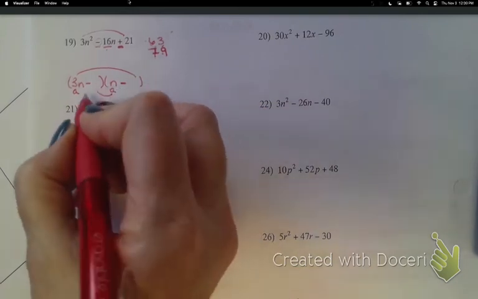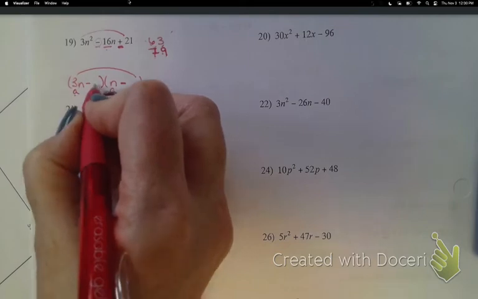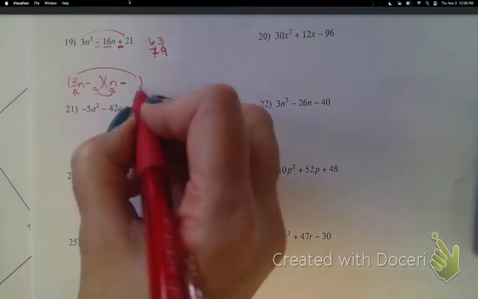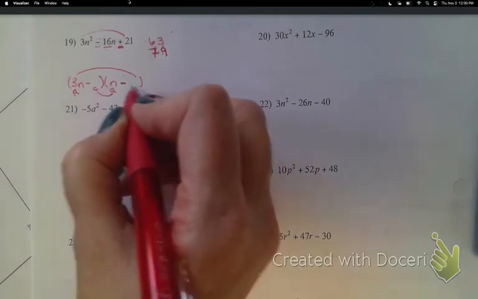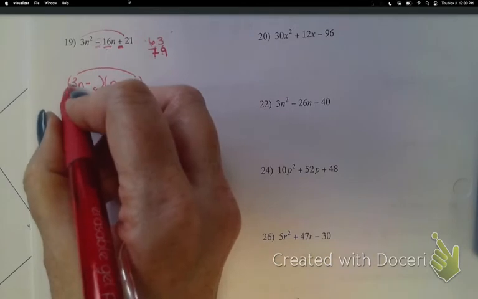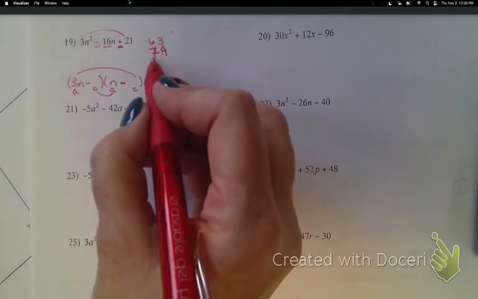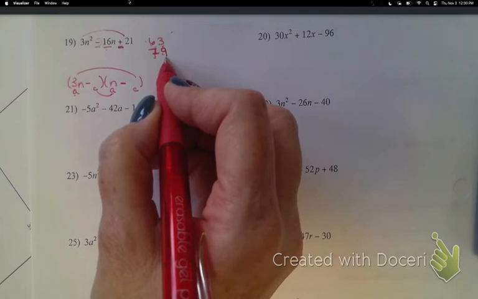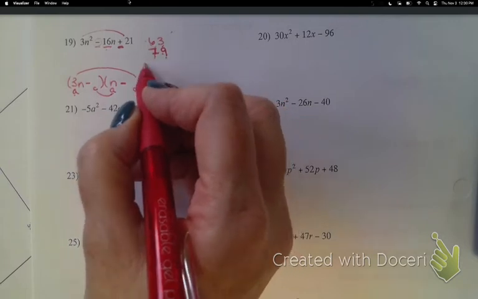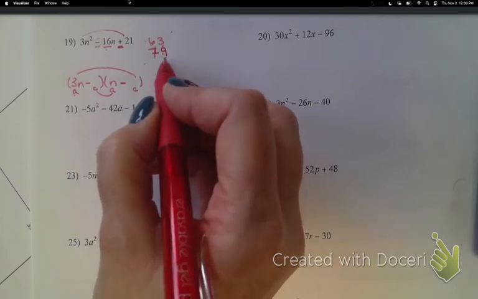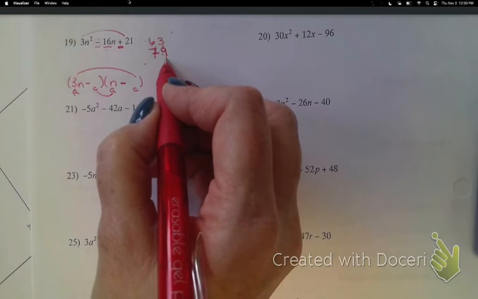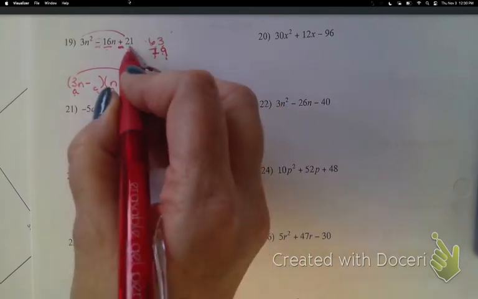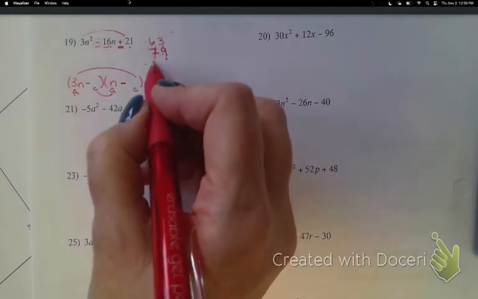Here are the factors of A, here are the factors of C. So I have a 3 already, and I need to multiply to get either 7 or 9. Can I multiply 3 by anything to get 7? No. Can I multiply 3 times something to get 9? 3. Is 3 a factor of 21? Yes. What's the other factor of 21? 7. Isn't that convenient?